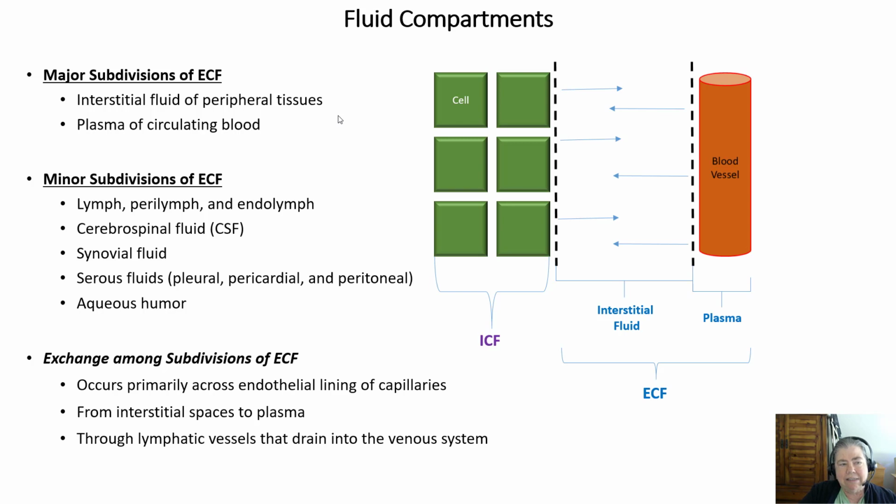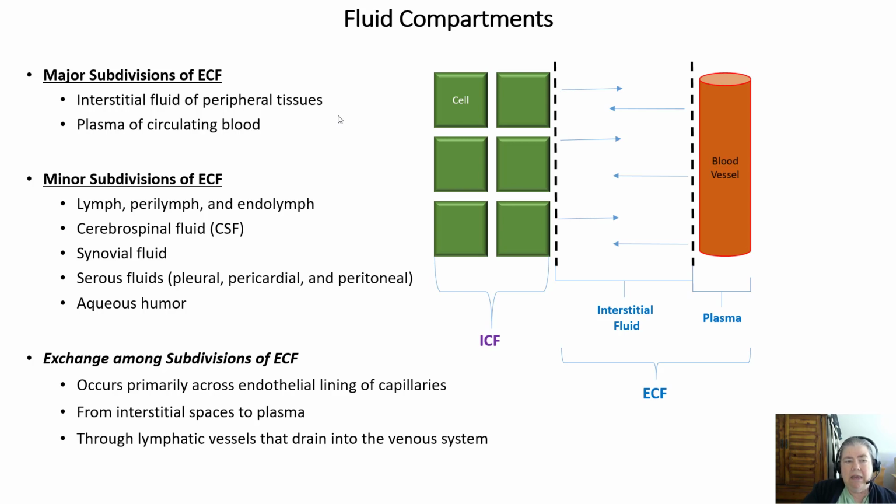There's, for instance, lymph in lymph vessels. There are fluids in places like the labyrinth in the ear, sorry, the cochlea, that are called perilymph and endolymph. There's fluid around the brain and spinal cord that is CSF, cerebrospinal fluid. There's fluid in our joints called synovial fluid, and we're getting to very small amounts of fluid.